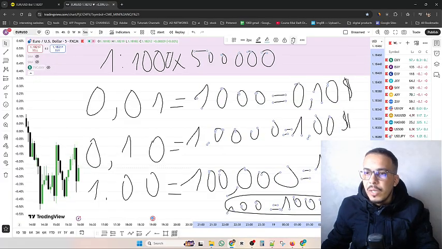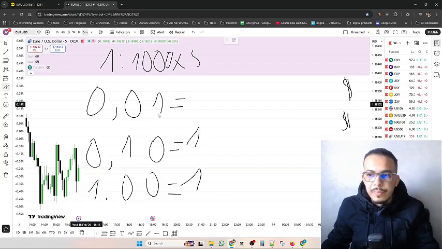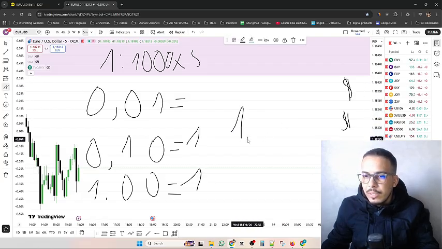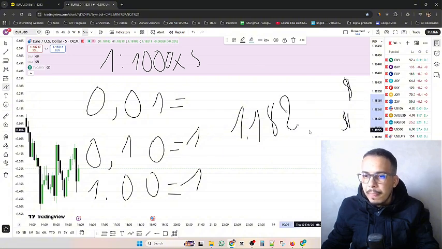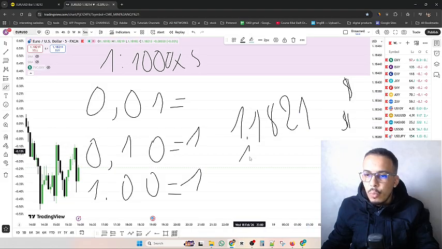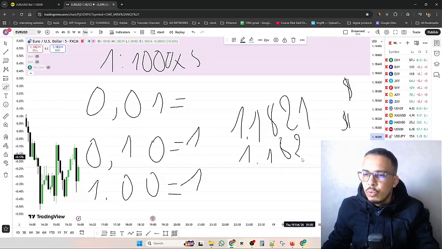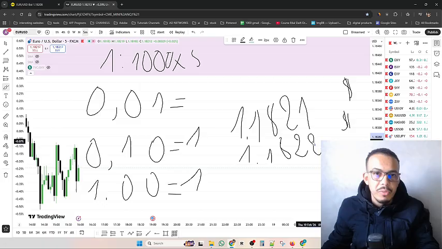If you press buy on this price, for example, 1.1821, your actual order will be placed on 1.1822. This 1 pip is your broker's fee. Okay, some brokers take less, some brokers take more. Okay, so this is it.